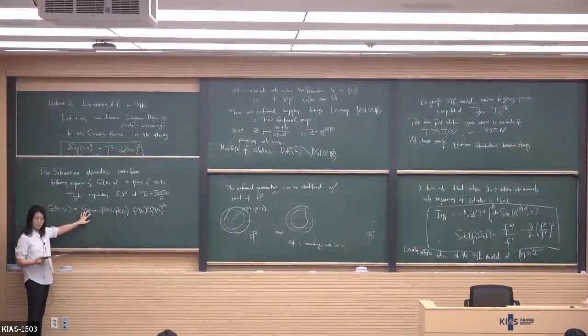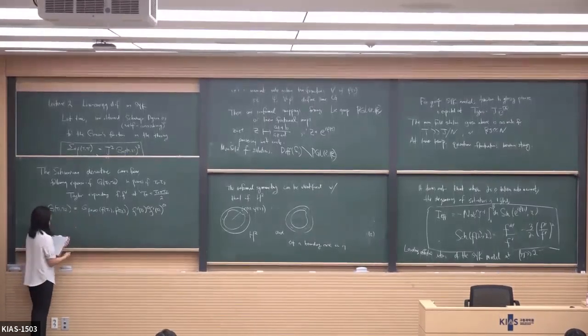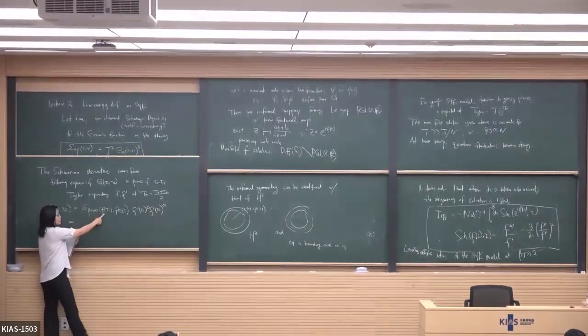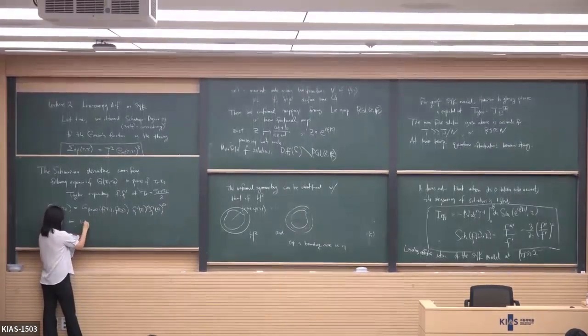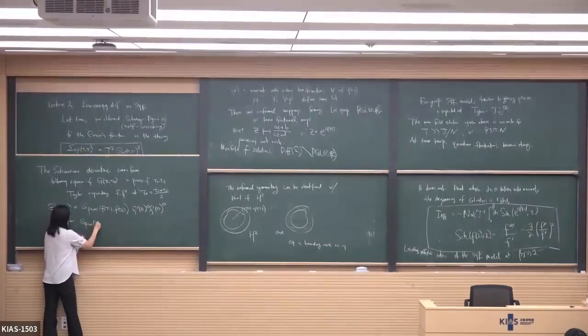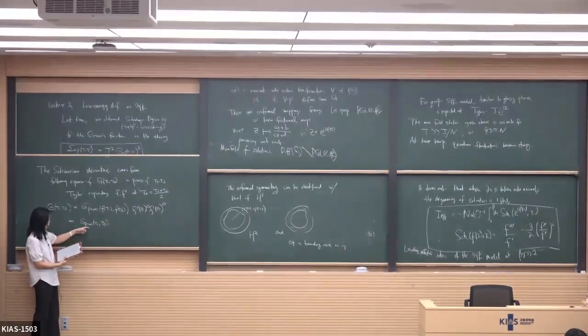We have a zero temperature Green's function and we transformed it using f of tau. But then if you put this into the formula for the zero temperature Green's function, at short distances we have the following expansion. We have the zero temperature Green's function before the transformation.